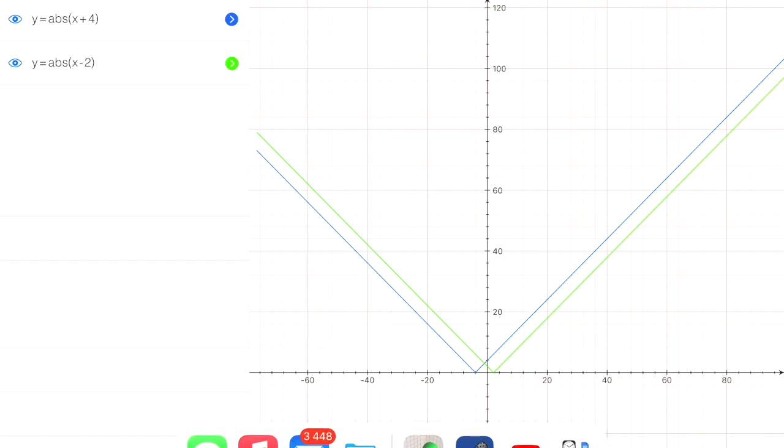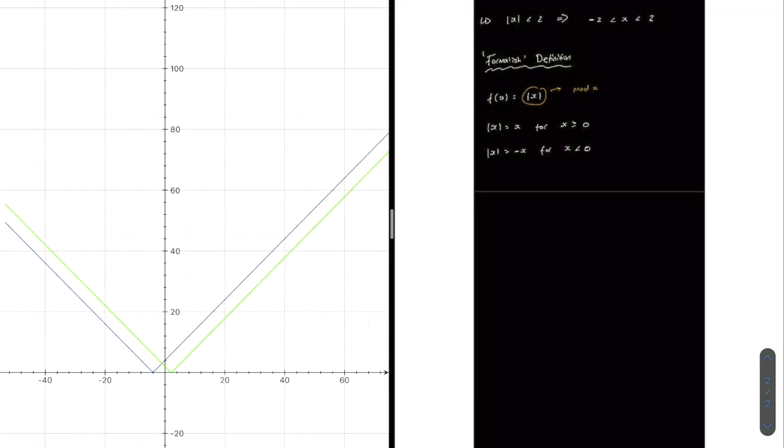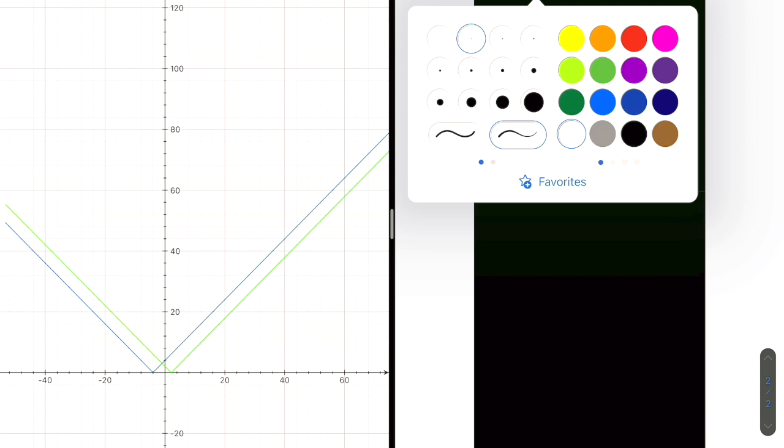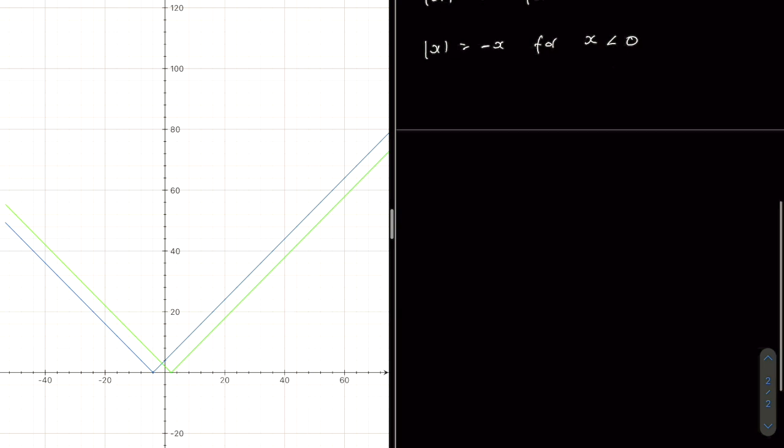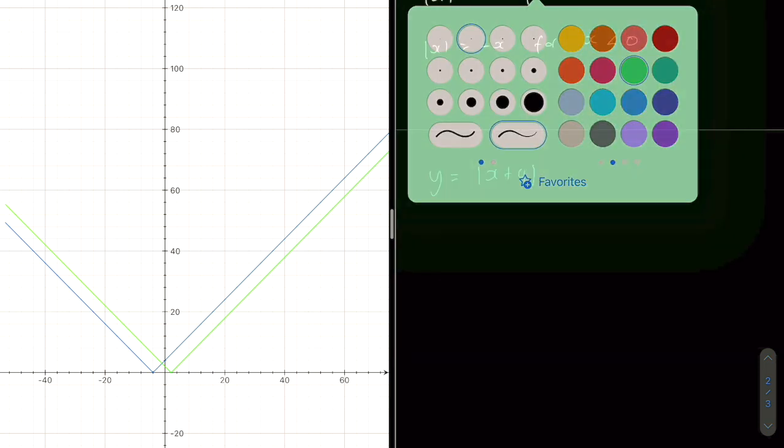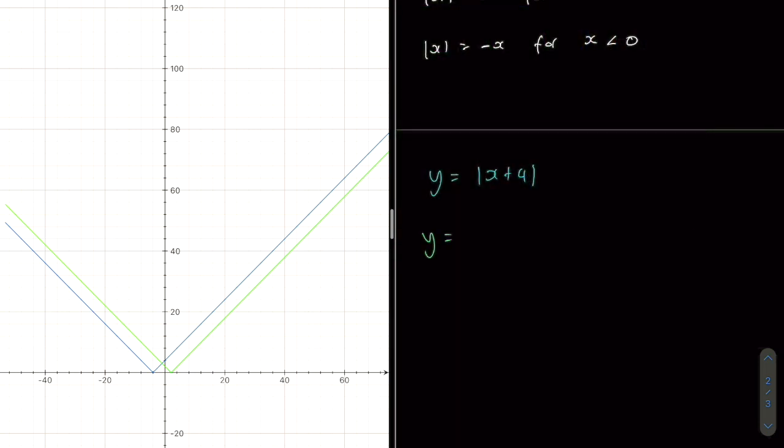So if I go back to Notability here, I can say, consider we've got y is equal to x plus 4 in the blue, and y is equal to x minus 2 in the green.